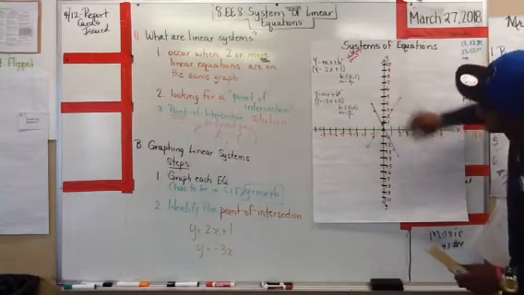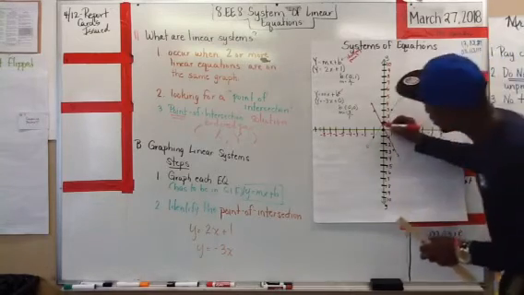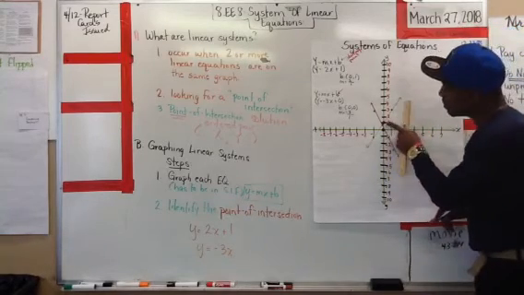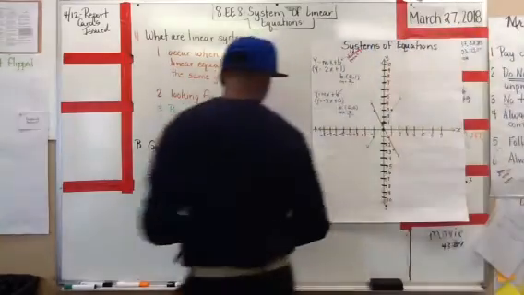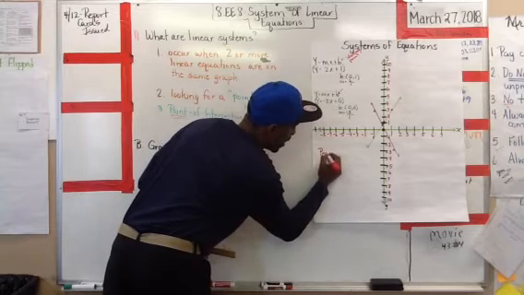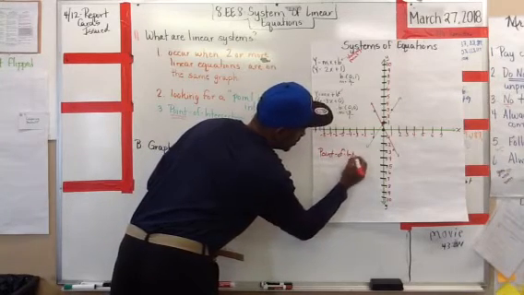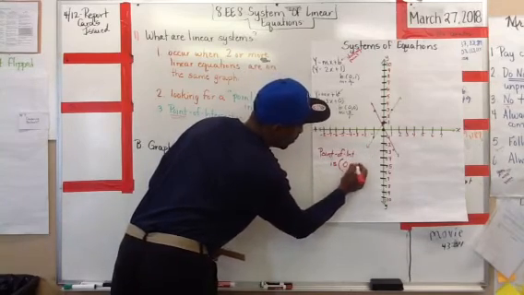But that's where they will intersect, and your answer is where they intersect. I know I have to answer in terms of an ordered pair, so my point of intersection is 0, 1.